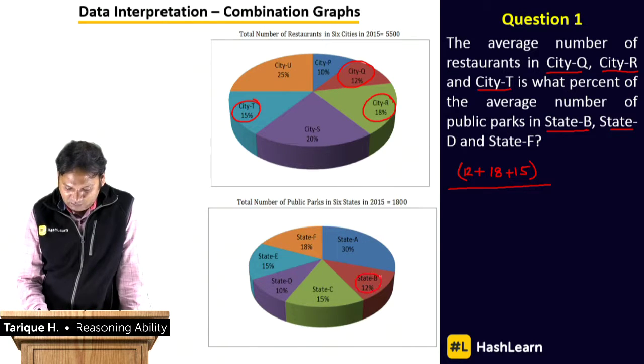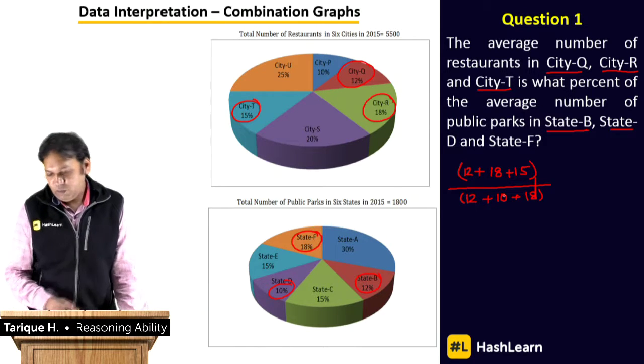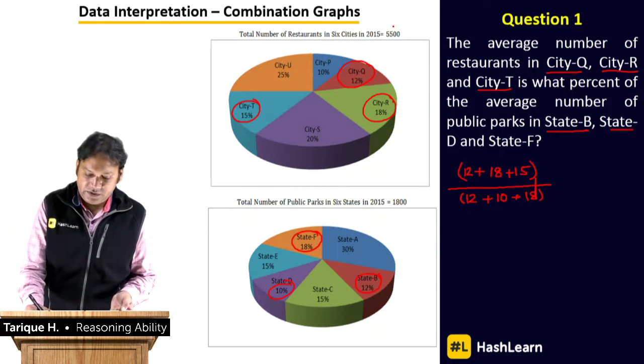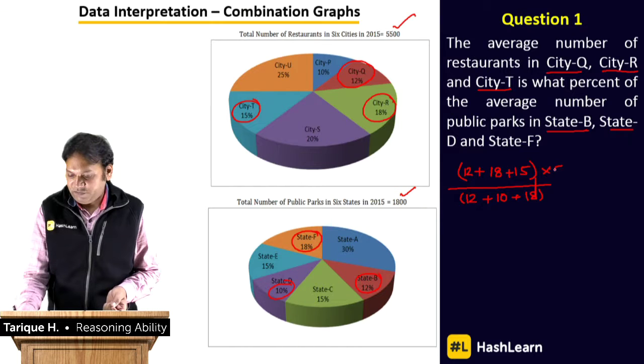So B is 12%, D is 10% and F is 18%. But what you have to keep in mind here is that the total number of restaurants and parks is not the same. So multiply the first one with 5500 and the second one with 1800.